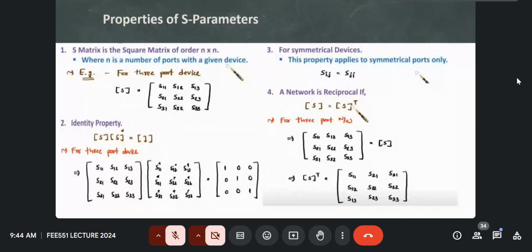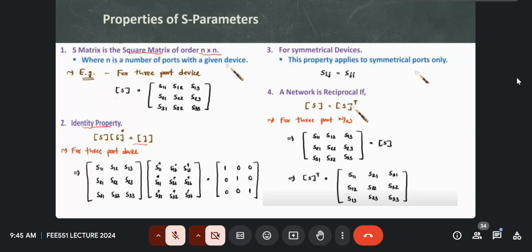So for the properties of S parameters, I'm just going to look at three. First, this one you've seen, is a square matrix of order n by n. Then number two is the identity property: S times S conjugate gives you identity.